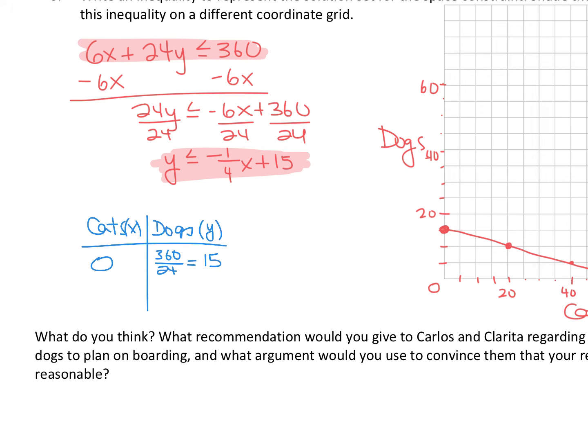If I do all cats and 0 dogs, I put a 0 here, and then I'm going to have 360 divided by the space per cat. That'll be 60 cats if I have no dogs.